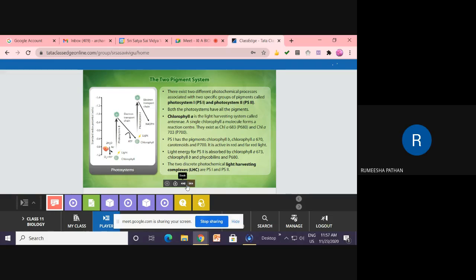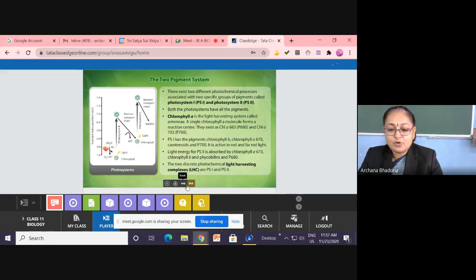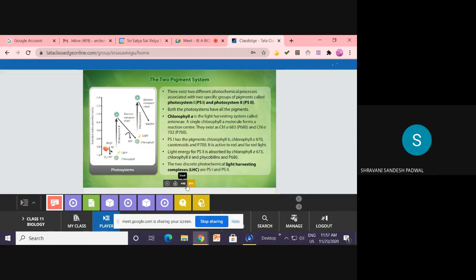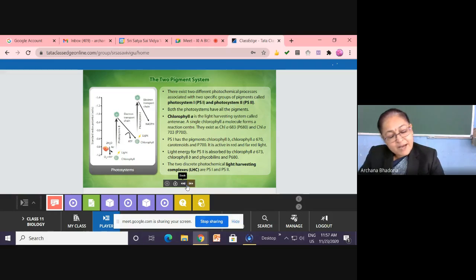Understand this properly: all the pigment molecules present in this photosystem will be absorbing light rays of wavelength 700, and the other one will be absorbing light rays of wavelength 680. Got it or not? Yes, ma'am. Did you understand why we call one 700 and the other 680?